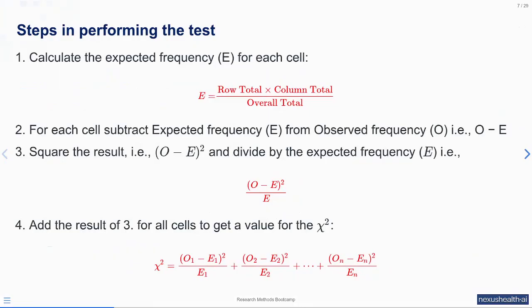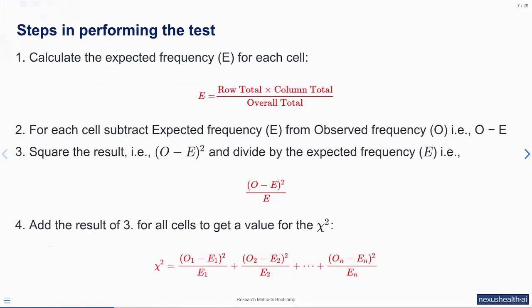So, in calculating the expected frequency, we take the product of the row total and the column total and divide by the overall total. And then from each cell, we subtract the expected frequency from the observed frequency and square the result, and then divide by the expected frequency.